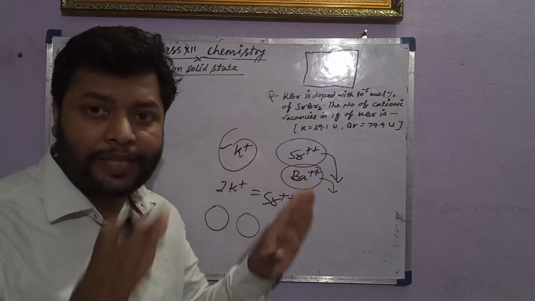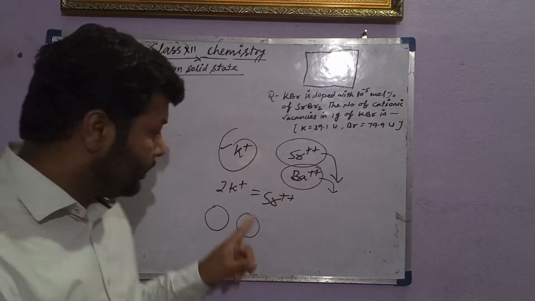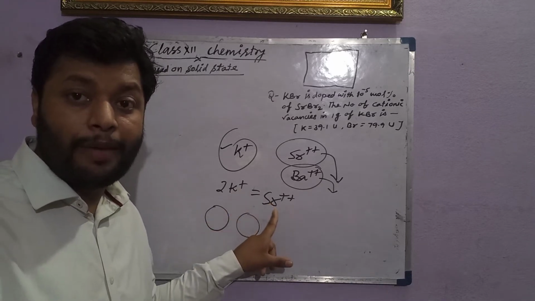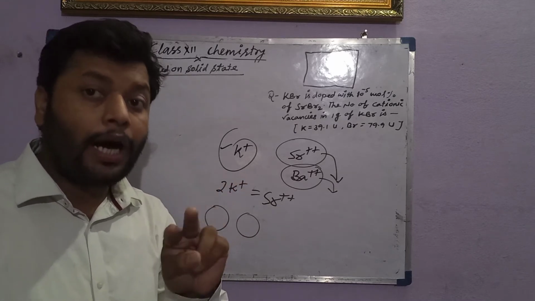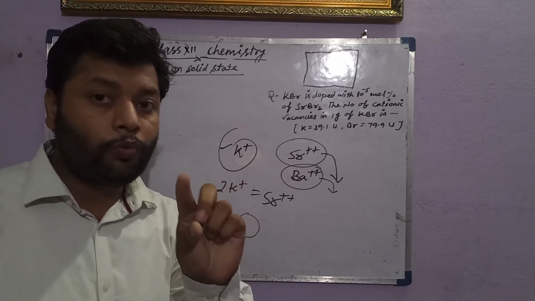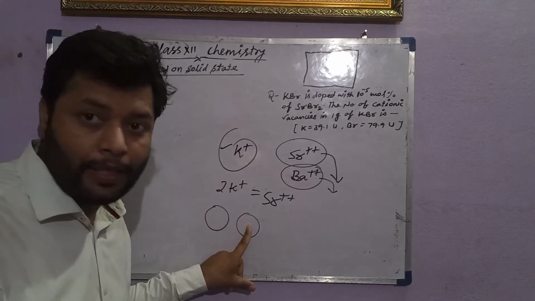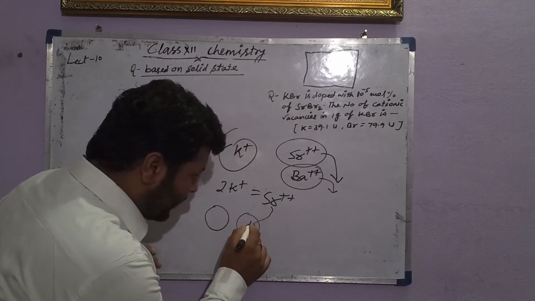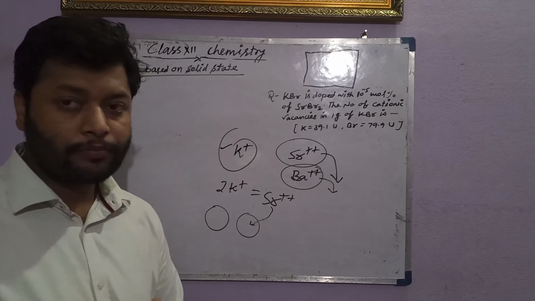If the crystal is KCl or NaCl, the potassium or sodium having 1 positive charge, strontium and barium having 2 positive charge, so 2 cations of K plus or Na plus equal 1 strontium. 2 vacancies will be there, and at the same time 1 vacant place is occupied by the strontium.